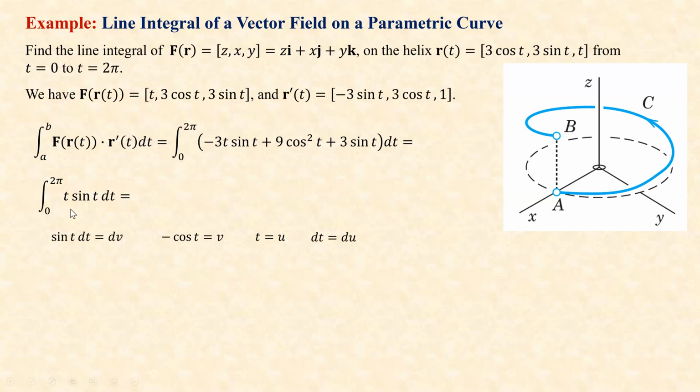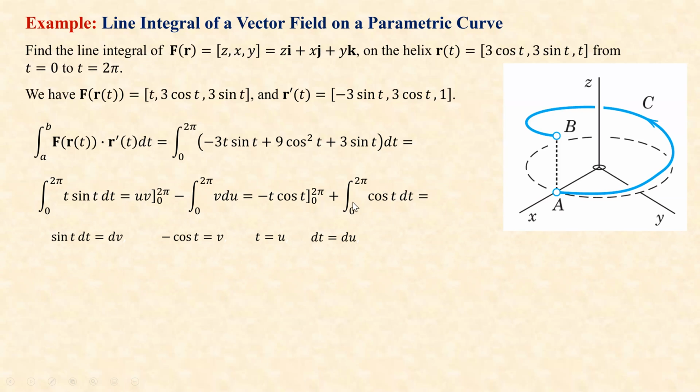Then u dv becomes uv minus the integral of v du. So u is this t, v is negative cosine t, so negative t cosine t evaluated from 0 to 2 pi minus the integral of v du. That way we get rid of this t.